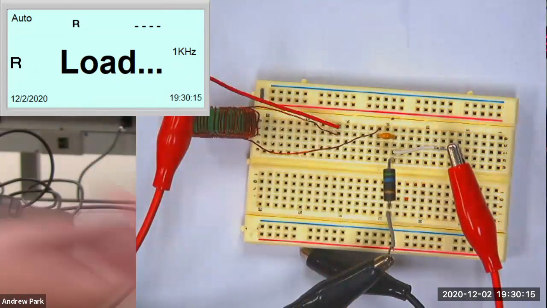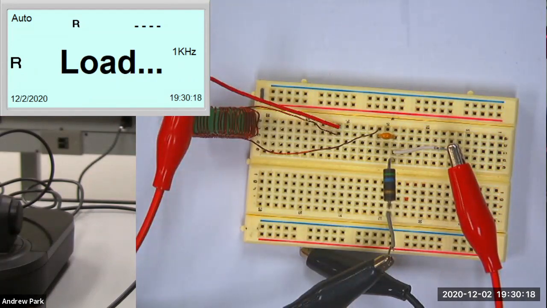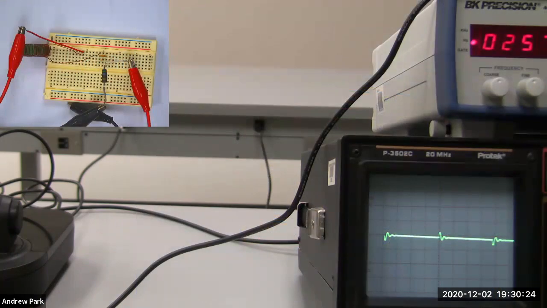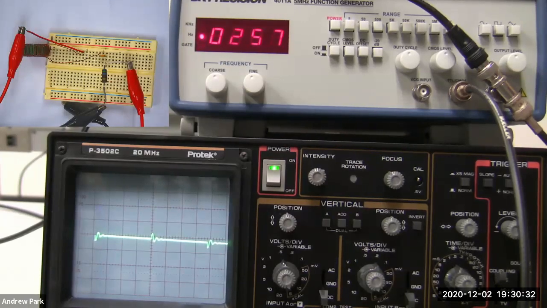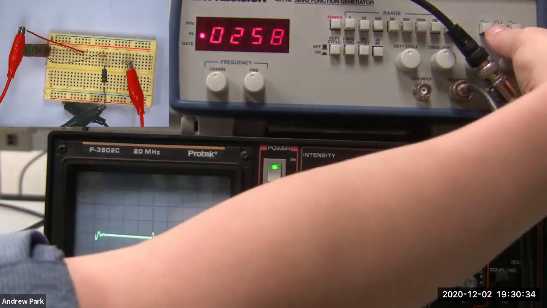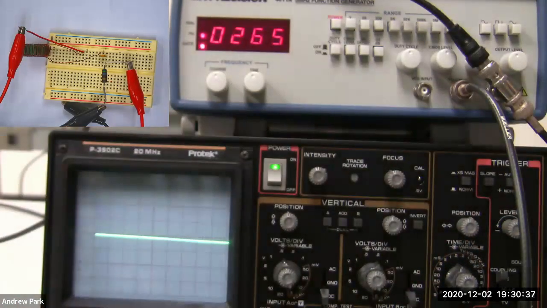Okay, so the RLC circuit is driven, and what I need to change now is the driving signal into a sinusoidal signal.